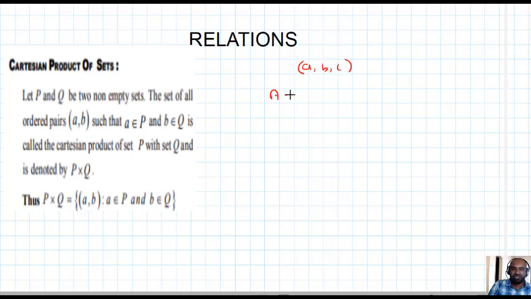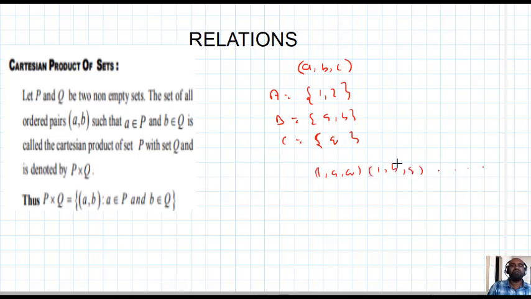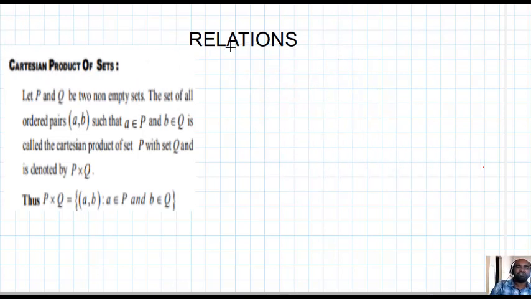So A is given as, for example, 1 comma 2, B is given as A comma B, and C is given as some Q. So you can create ordered triads: 1 comma A comma Q, 1 comma B comma Q. Like that you can create ordered triads. Okay, now I will write the definition.